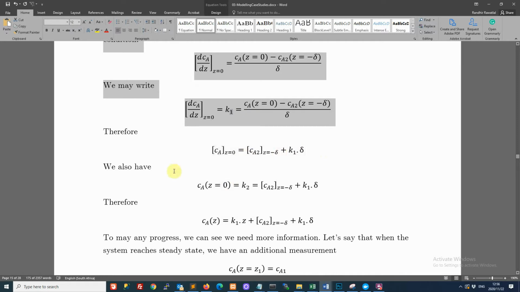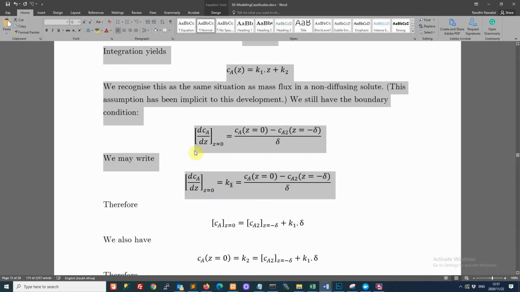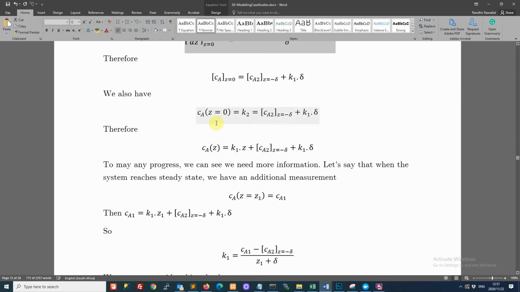Now we could also apply that at z equals 0. If you go back here to our integrated form and apply z equals 0, then the k1 will disappear, leaving us with just k2. So you can say C_A at z equals 0 equals k2, and that's the same as C_A at z equals 0 equals all this stuff here. So you can bring that like so.